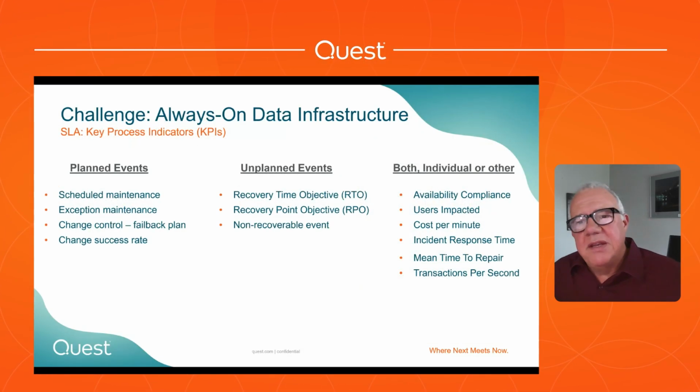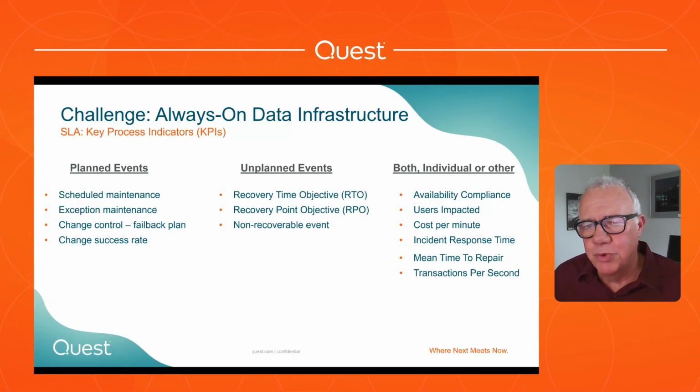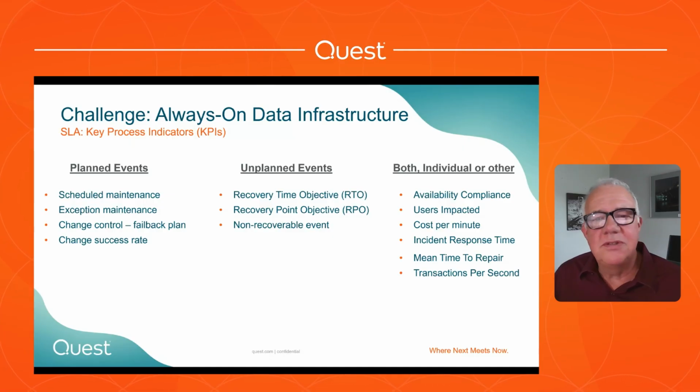So, planned events. There are KPIs that contribute to service level agreements. I'm not going to go through all of these, but I would encourage you to gather information about your particular organization, whether it's, for example, for unplanned events, recovery time objective. How long will it take us to restore services?